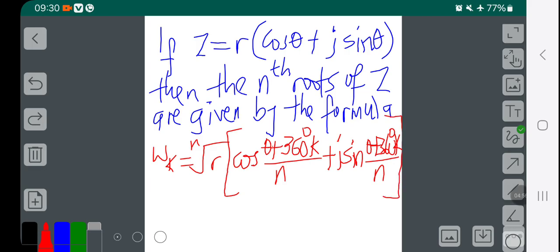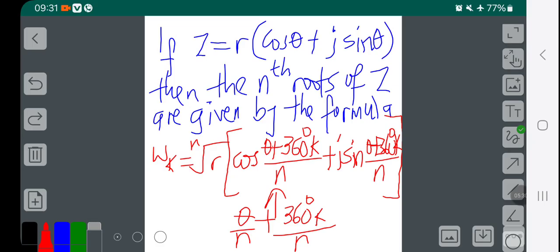My space is too small, but I hope you can see the formula, guys. This formula is already given in your study guide. If you check your study guide for mathematics, it's already there. They separate it: they just write theta over n plus 360 degrees k over n.